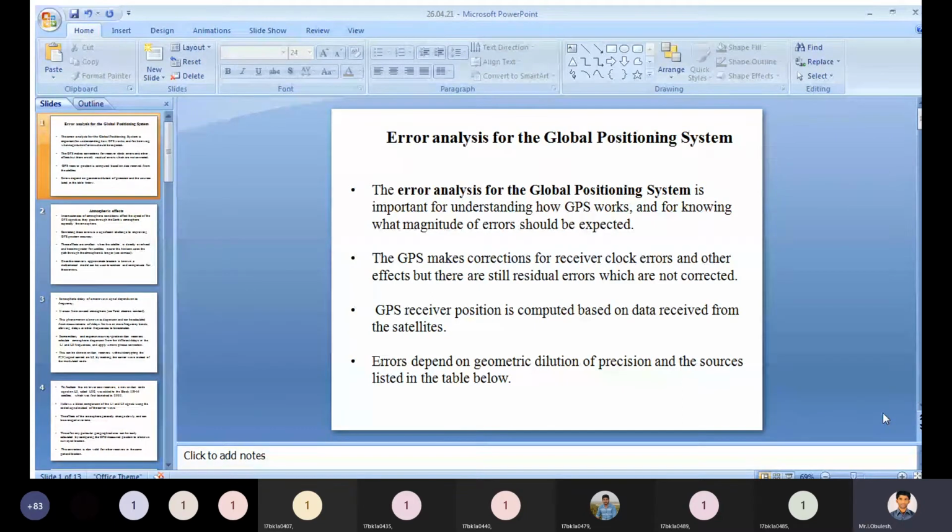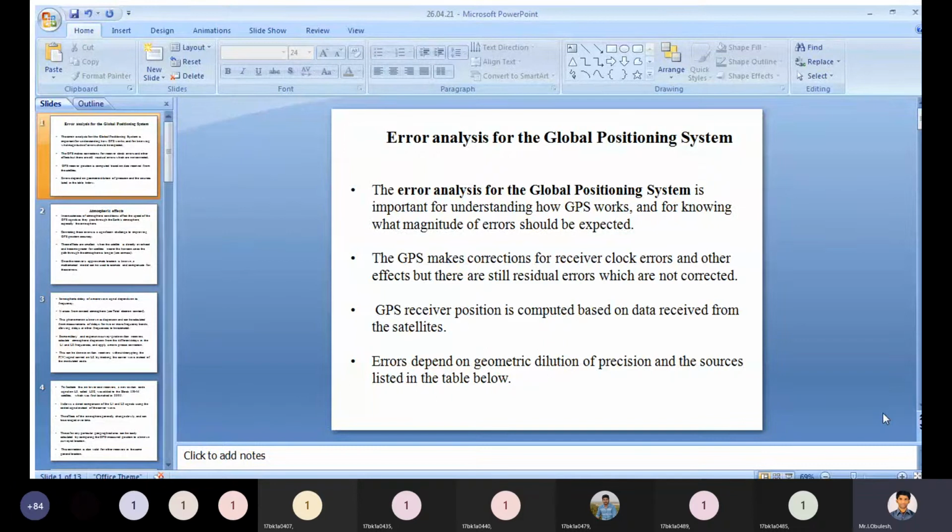It has become an inseparable part of our life, let it be Google Maps or any other GPS based navigation system. We heavily depend on it.